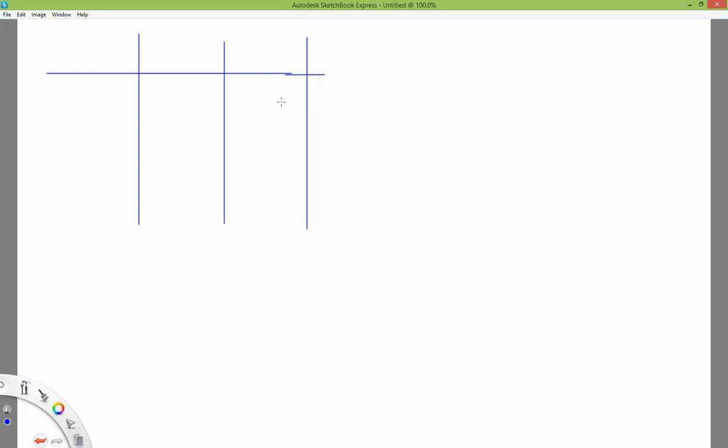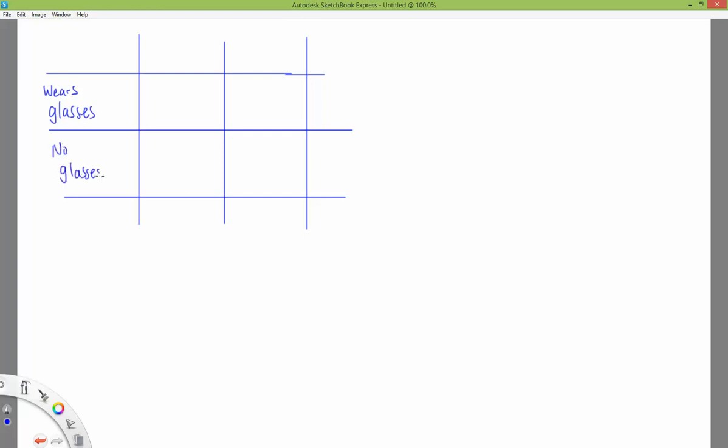We'll say wears glasses versus no glasses, and left-handed versus right-handed.